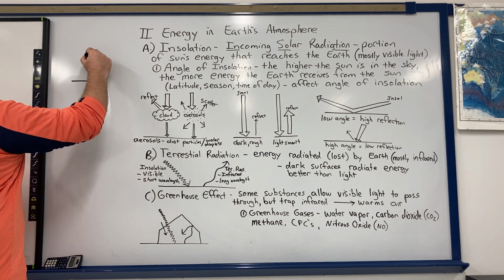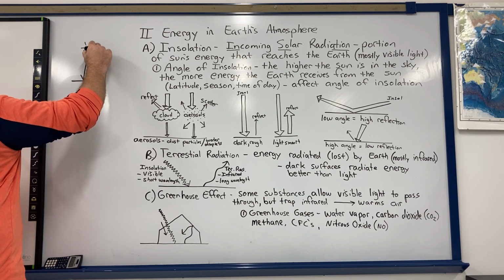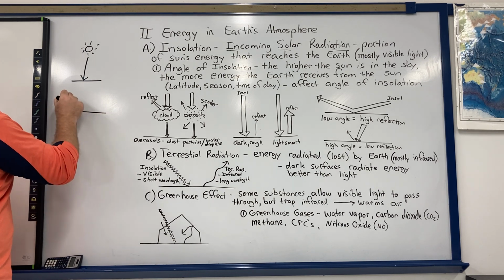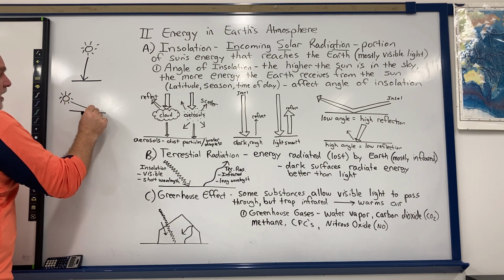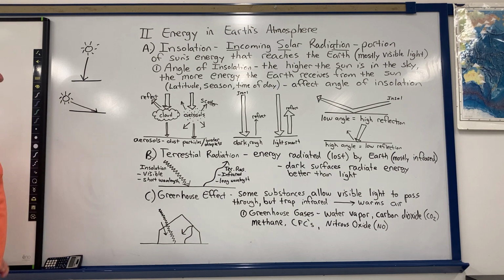When the sun's rays are shining more directly on a surface like that, that surface heats up more. When the sun's rays are coming at a lower angle like that, what happens in that case is the energy spreads out over a larger area.